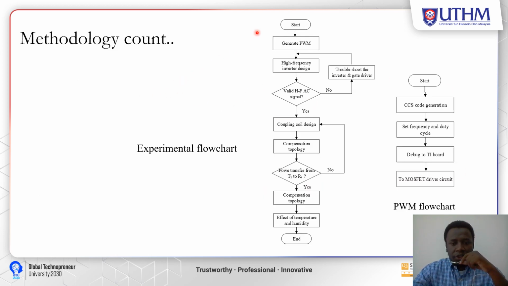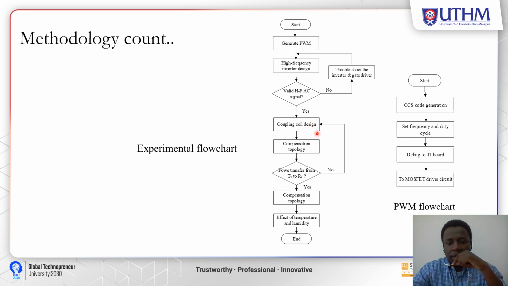This is the flowchart of the methodology for the hardware design. We can see here, from the start we generate the PWM, and then we have the high frequency inverter design. If we can get the high frequency AC signal, then we move to the coupling coil. If not, then we troubleshoot and redo it again.